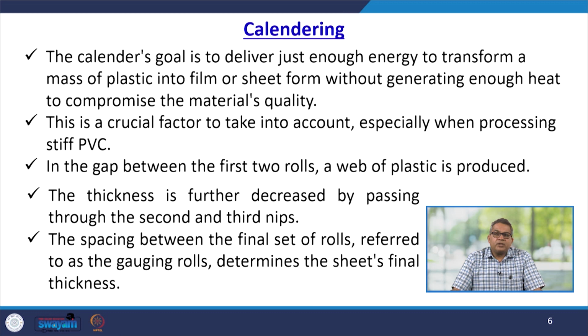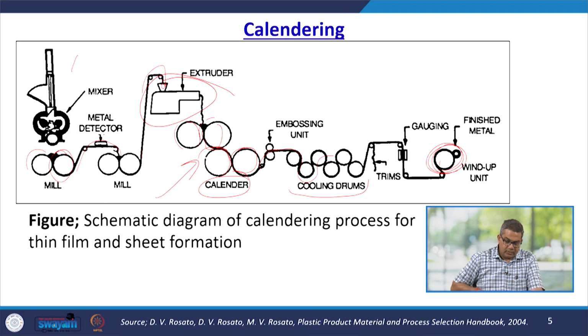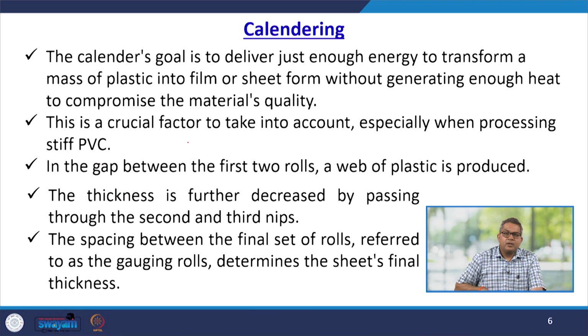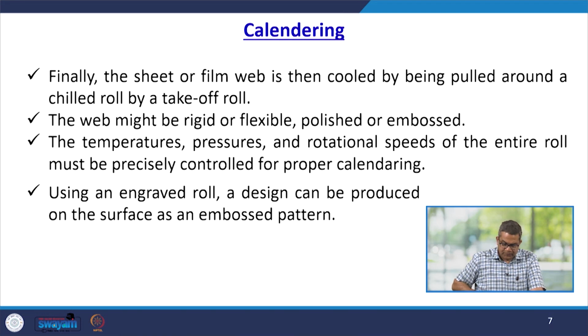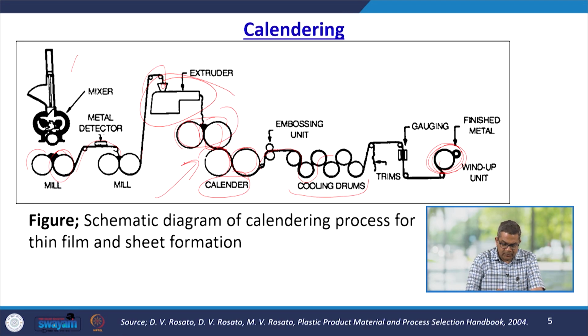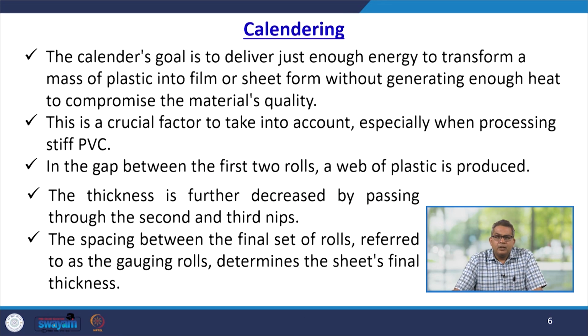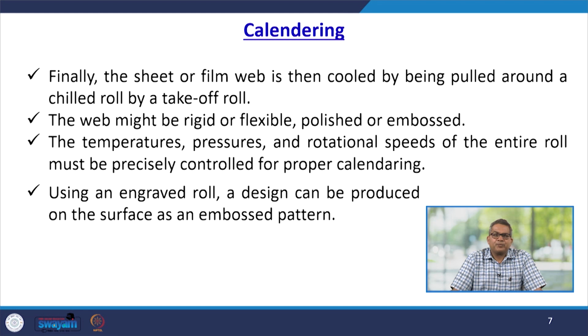The gap between the first 2 rolls, this one, produces a web of plastic and the thickness is further decreased by pressing through the second and third nips. Here you see. The spacing between the final set of rolls is referred to as the gauging roll, and this determines the sheet's final thickness.